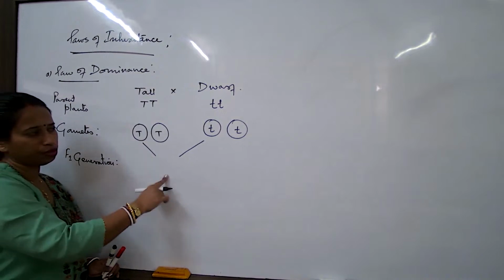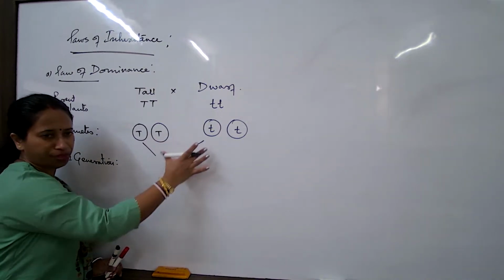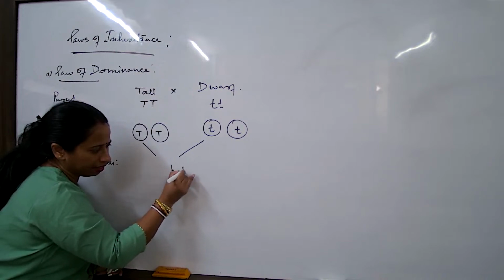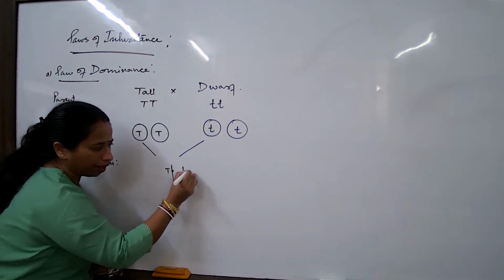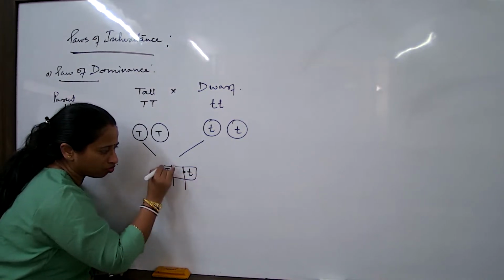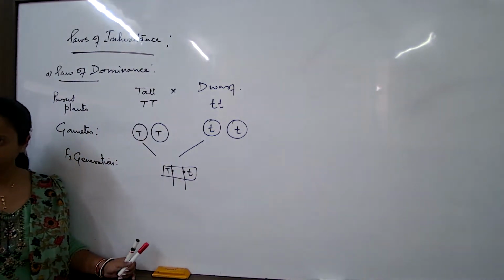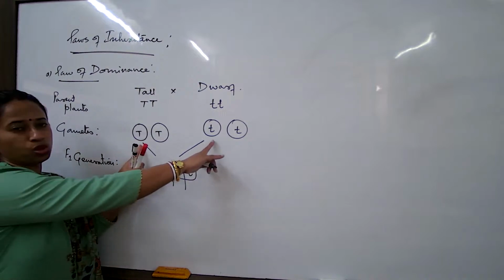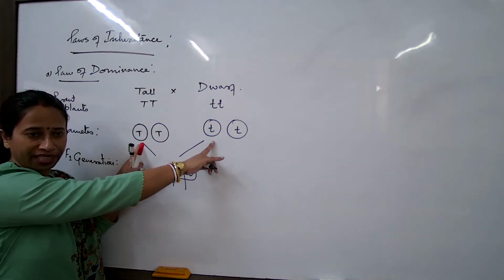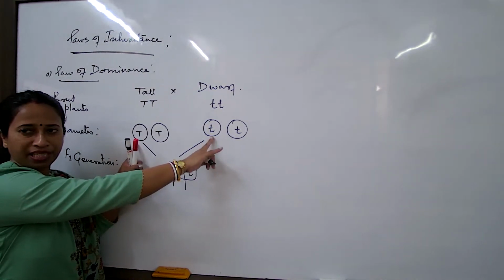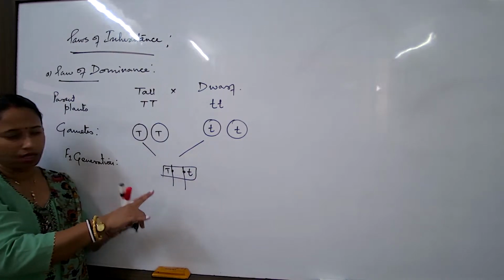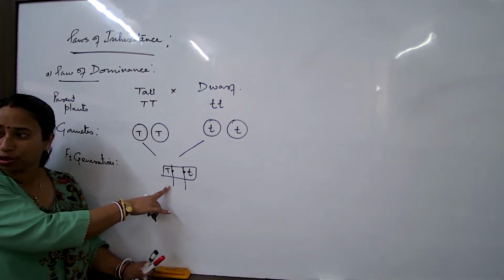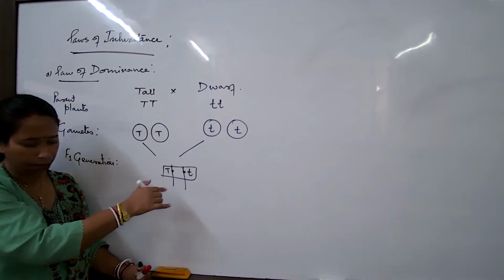Can I write that in the zygote a pair of chromosomes something like this is formed? When the gamete containing this and the gamete containing this fuse together, will a pair of chromosomes something like this be formed in the zygote? Possible, no? This is what is now happening.